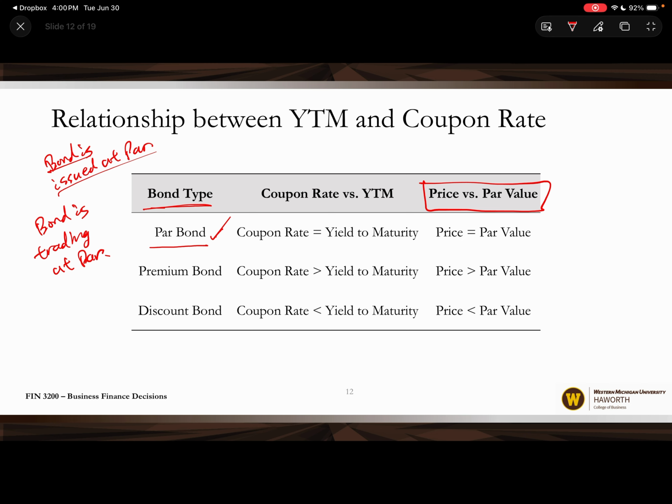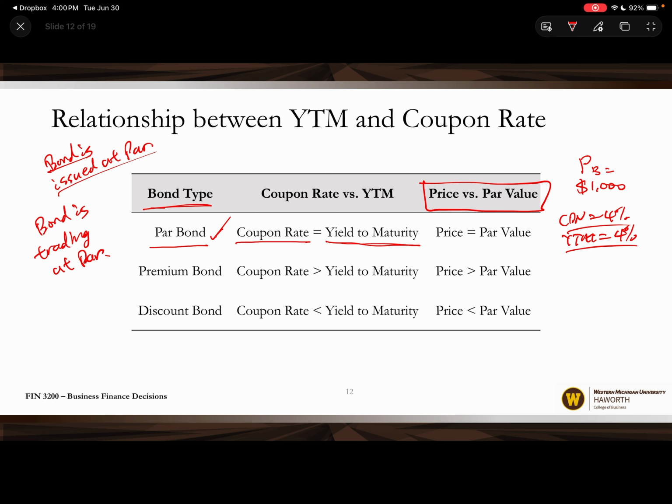For par bonds, mathematically, the coupon rate is equal to the yield to maturity. If I gave you a problem where the coupon rate is 4% and the yield to maturity is also 4%, when you apply the bond pricing formula, you'll see that the price of the bond will come out to be $1,000.